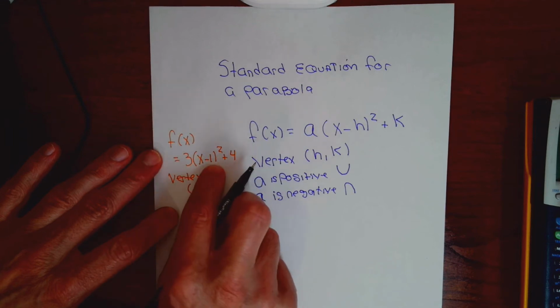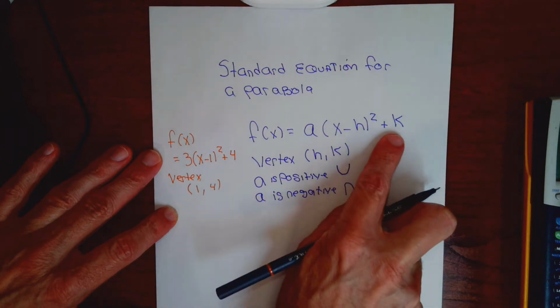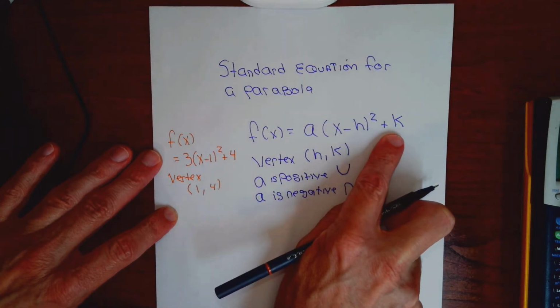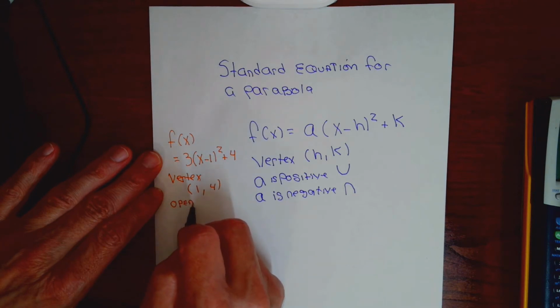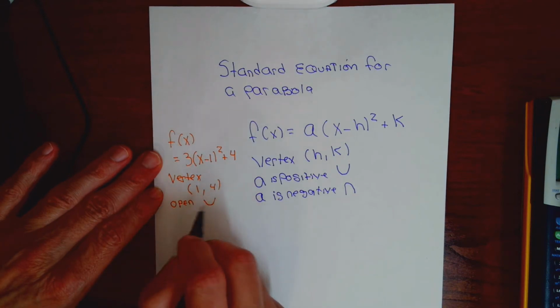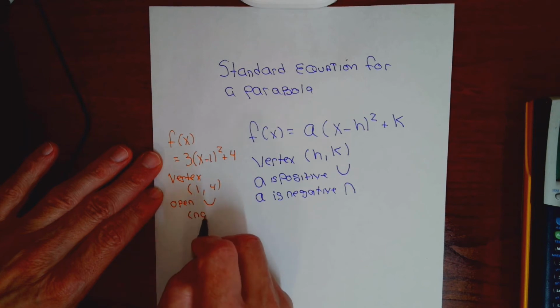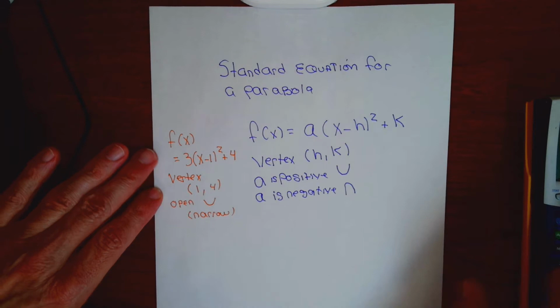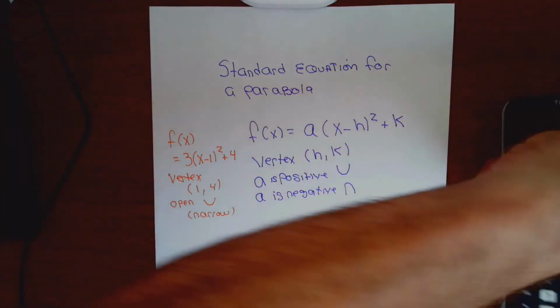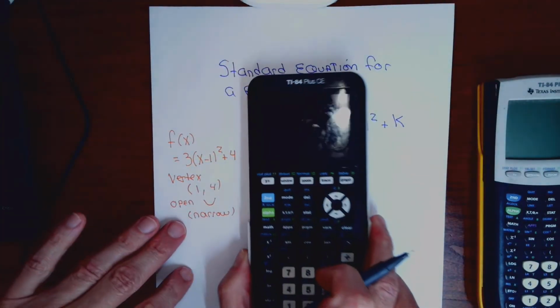It's the number after the minus sign, and the number after the plus sign, and it's going to open that way. And for what it's worth, it's going to be a little bit narrower because of the 3. It stretches it up.